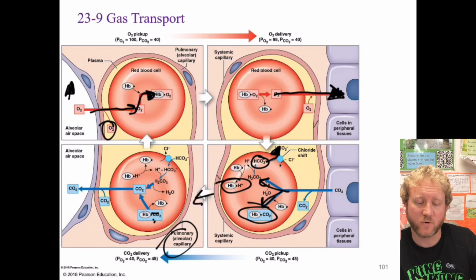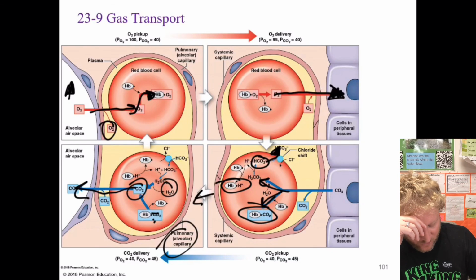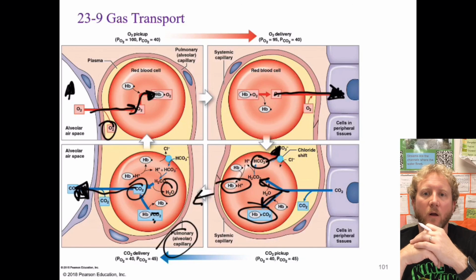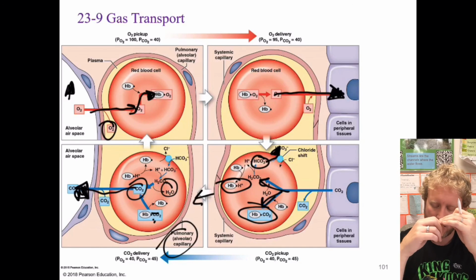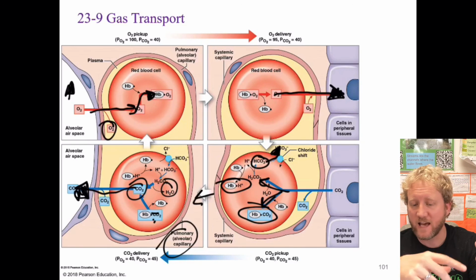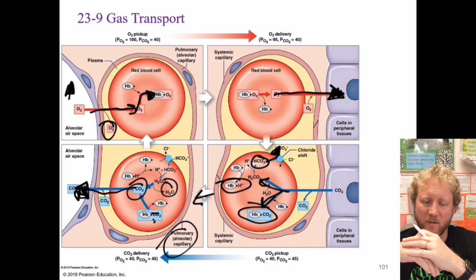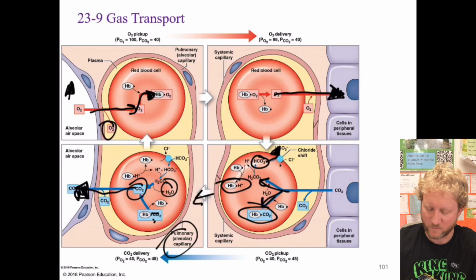The carbonic acid is going to break down into CO2 and water, and all of that CO2 is going to exit the red blood cell into the alveolar airspace, and then you're going to go, oh, like that. And what's really cool is that entire process happens super duper fast. So it's very elegant and very fast, but it's very complicated, as I'm sure you're realizing at this point.